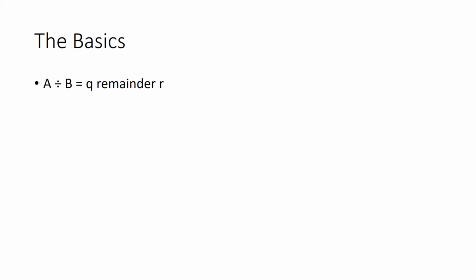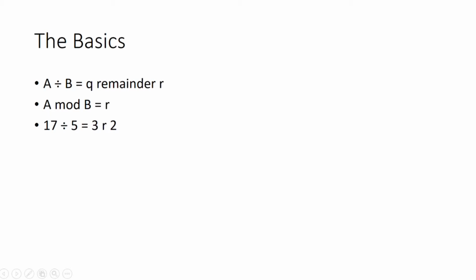Okay, so here we have the basics of modular arithmetic. We have this equation a divided by b, where a and b are positive integers, and that gives a result of q, where q is a quotient, with remainder r. And that translates in mod arithmetic to a mod b, which equals r. So you're effectively taking the a, the b, and the r, and removing the q value.